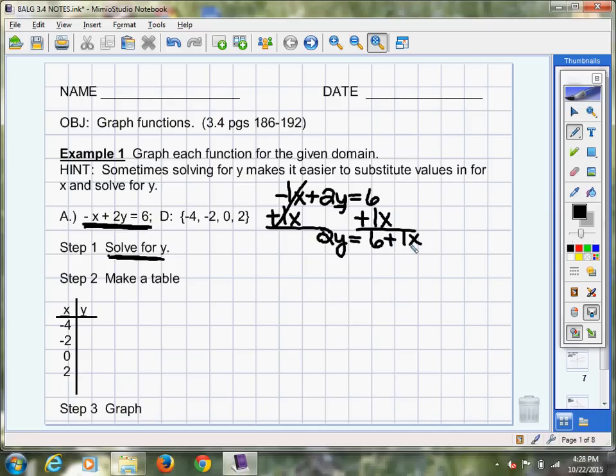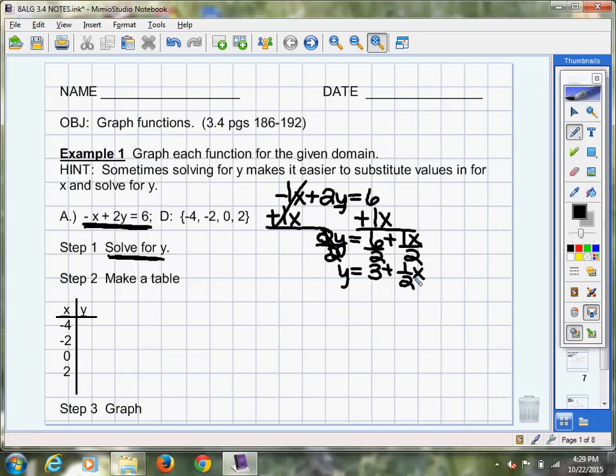Last thing we need to do is divide everything by 2. Now we have y equals 3, because 6 divided by 2 is 3, plus 1/2 x. 1x over 2 is the same thing as taking half of x. All right, so we've rearranged it.